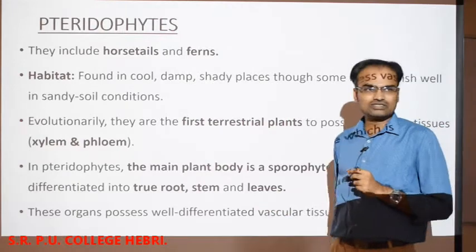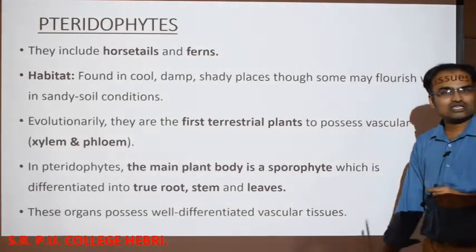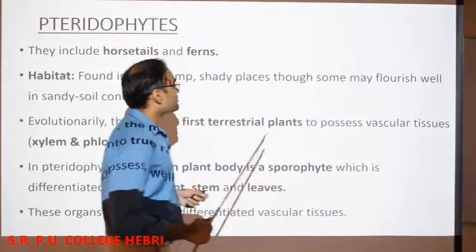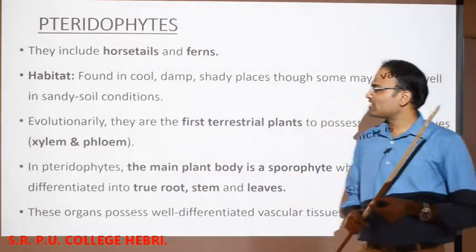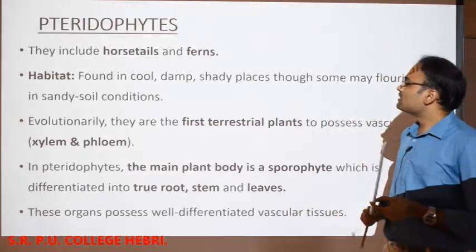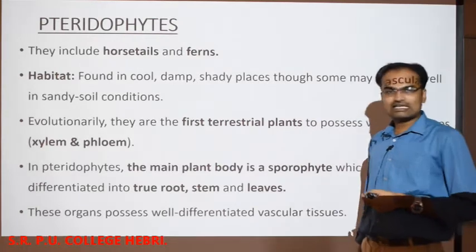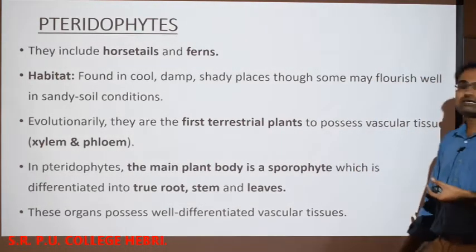The habitat of the pteridophytes: they are commonly found in cool, damp as well as shady places, though some may flourish well in sandy soil conditions. So some pteridophytes can also be found in sandy soil conditions. But the important peculiarity of the pteridophytes is that, evolutionarily, they are the first terrestrial plants to possess vascular tissues.